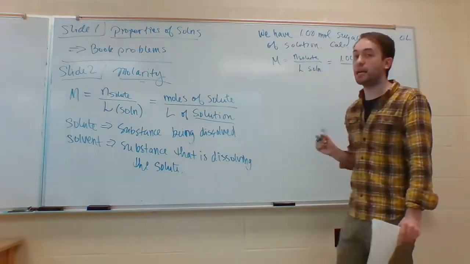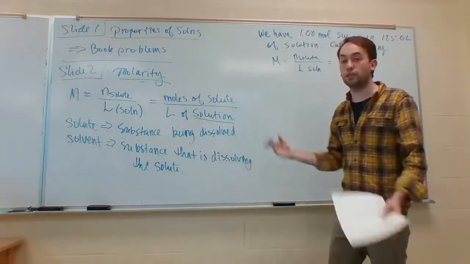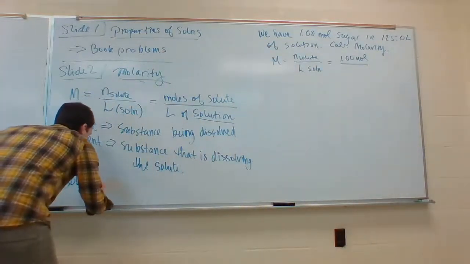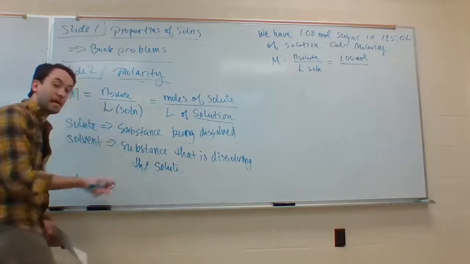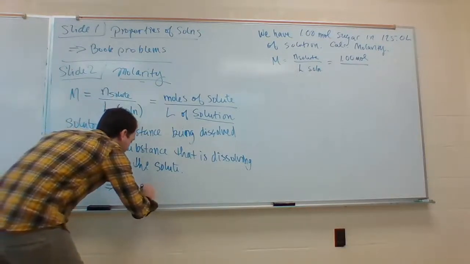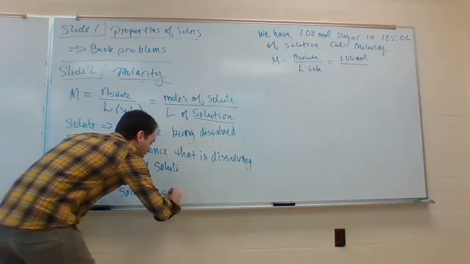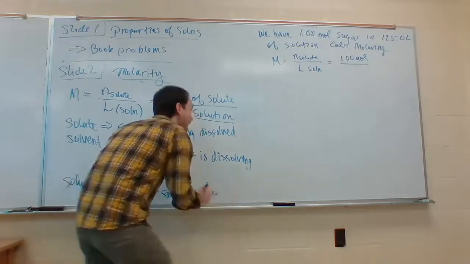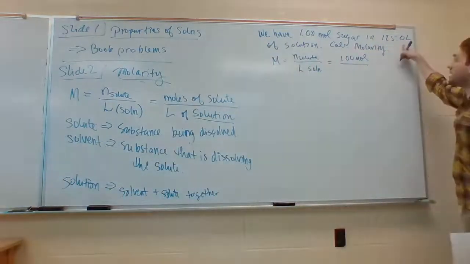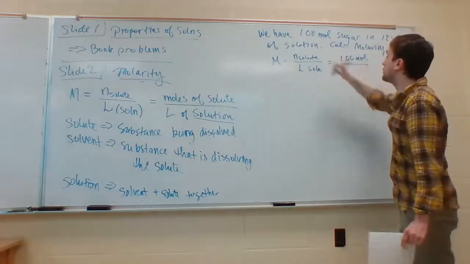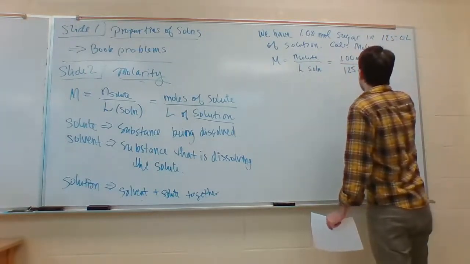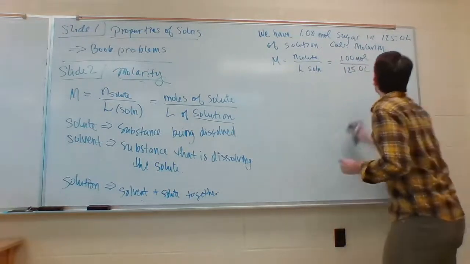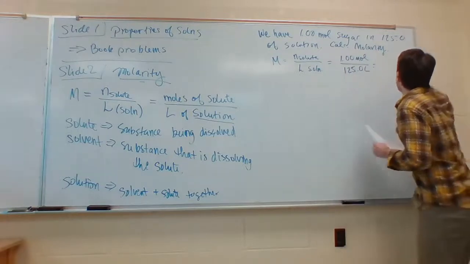Okay, notice it doesn't say liters of solvent, it says liters of solution. The solution is going to contain everything, so it's going to have our solvent and our solute together as the solution. Okay, so notice it gave me my volume in liters of solution, which was 125.0. So dividing through, this is equal to, oh, sorry, this was supposed to be 125 milliliters.